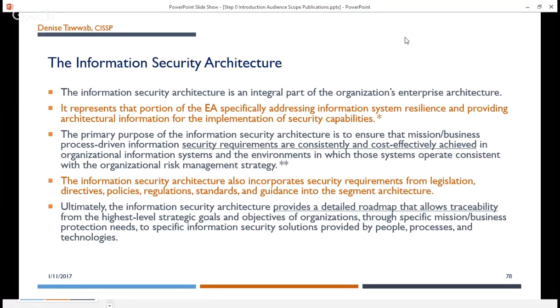It represents that portion of the enterprise architecture that specifically addresses information system resilience and provides architectural information for the implementation of the security capabilities. So we've got the enterprise architecture that shows us the overall organization and all the systems and how they interconnect and all of that. But then atop that, you have to add, okay, how are we going to secure this? And that's your security architecture.